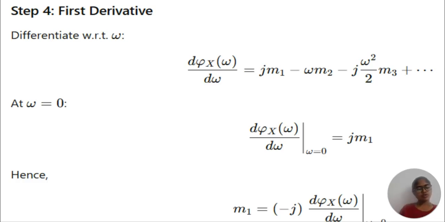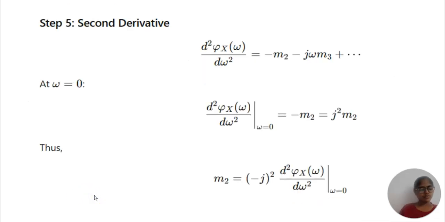Minus m2 equal to minus j whole square into d square by d omega square of phi x of omega, where omega equal to 0. Compare the equation above terms of m1 and m2.